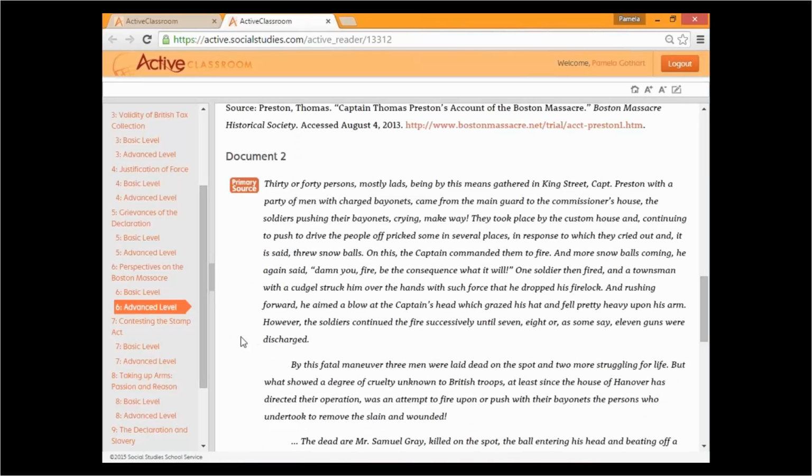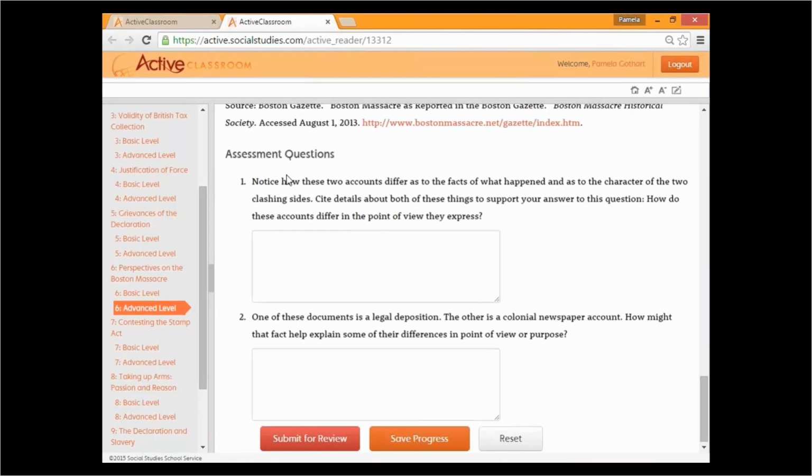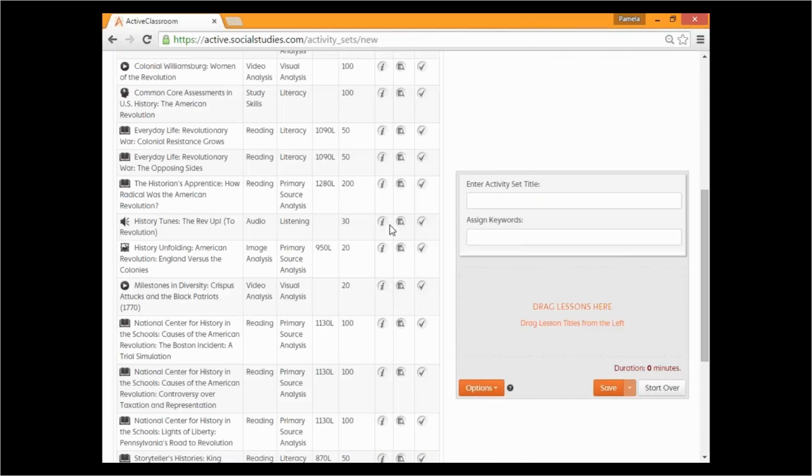So again, we're going to look at advanced documents 1 and 2. They're going to be answering the 2 questions related there and specifically tying that back to their Common Core Standard number 6 at the 9th through 12th grade level. So a great way to differentiate our learning for students.